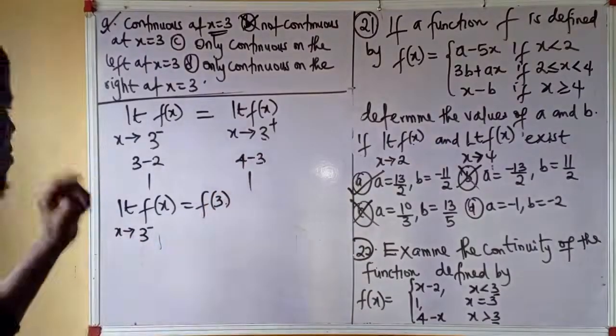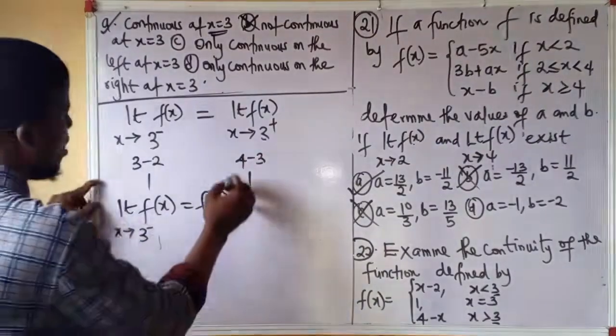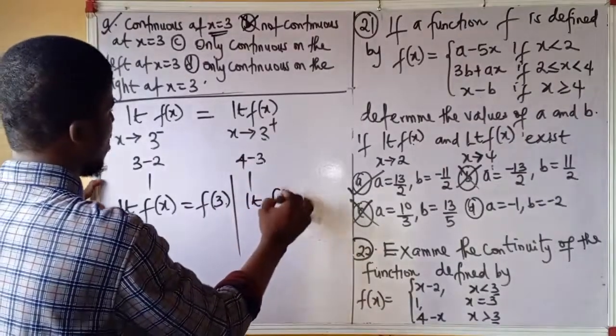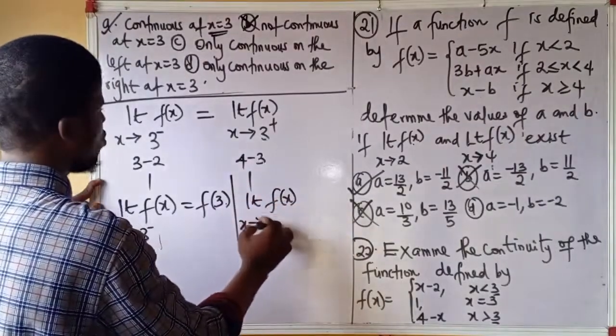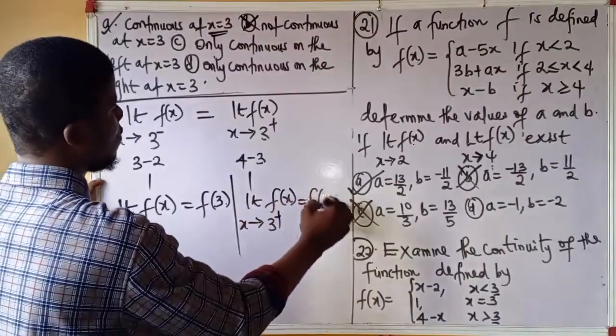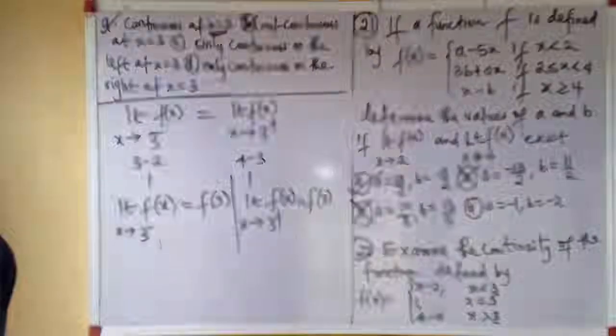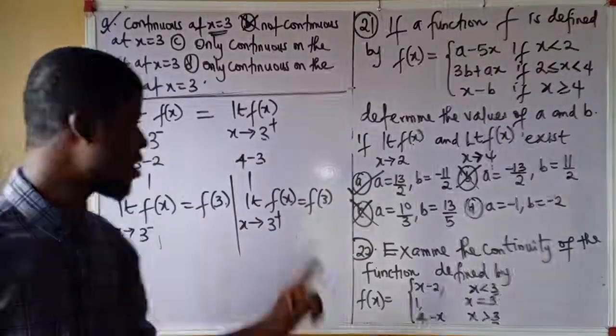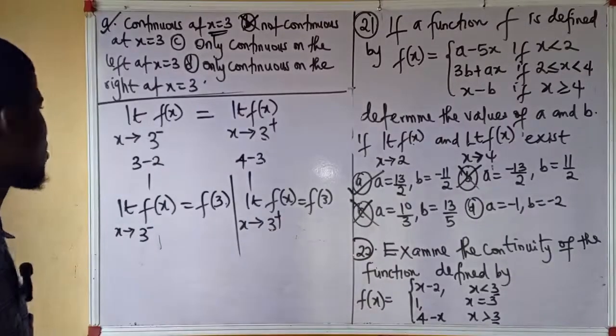If they are the same, it means that it is left continuous. And if the limit of f of x as x goes to 3 from the right is equal to f of 3 as well, it means that the function is right continuous at x equal to 3.